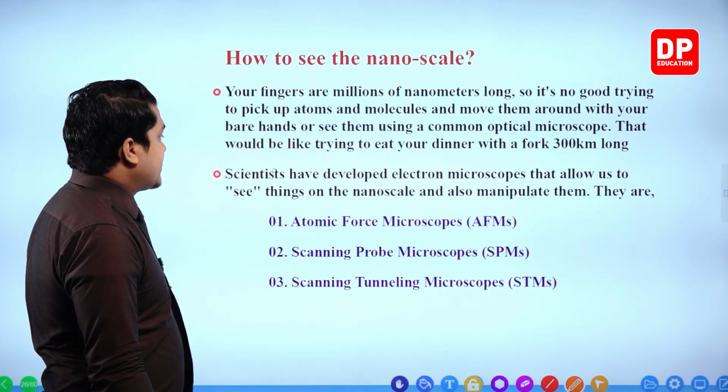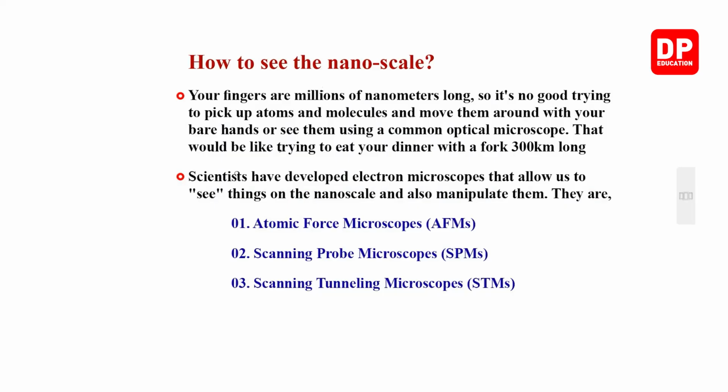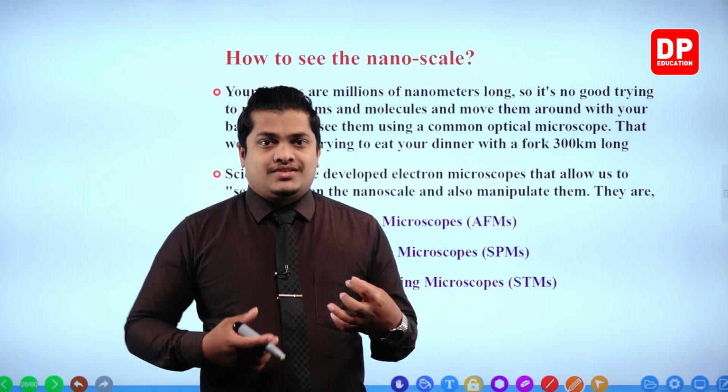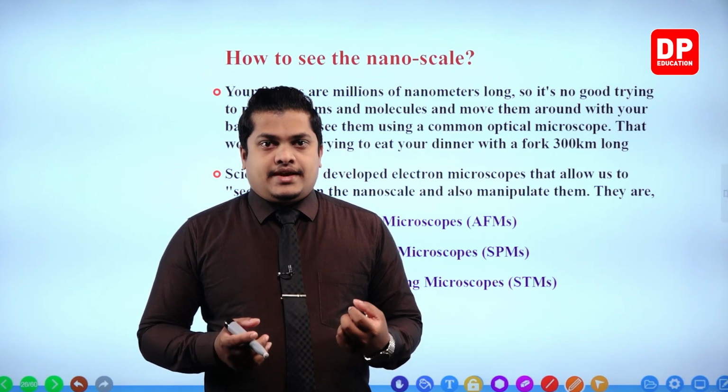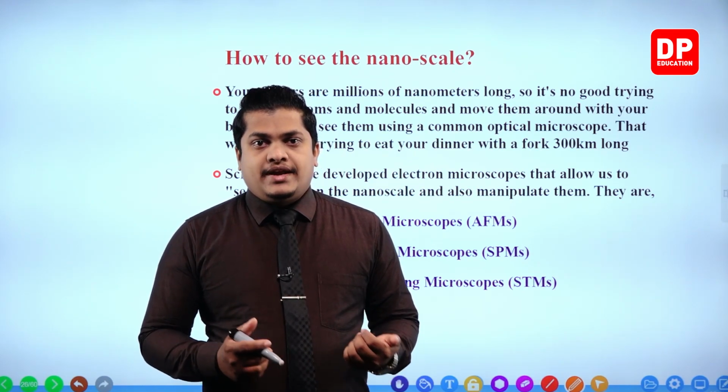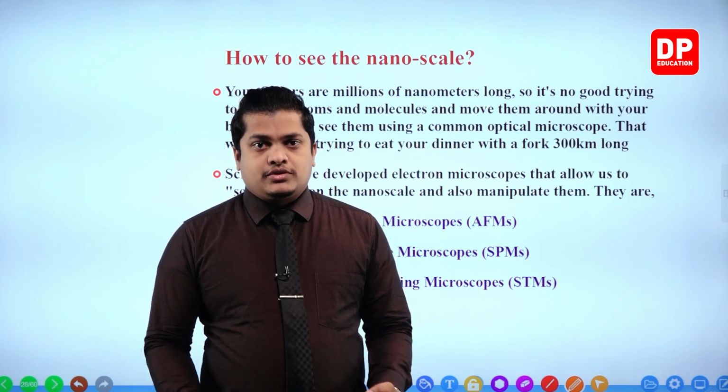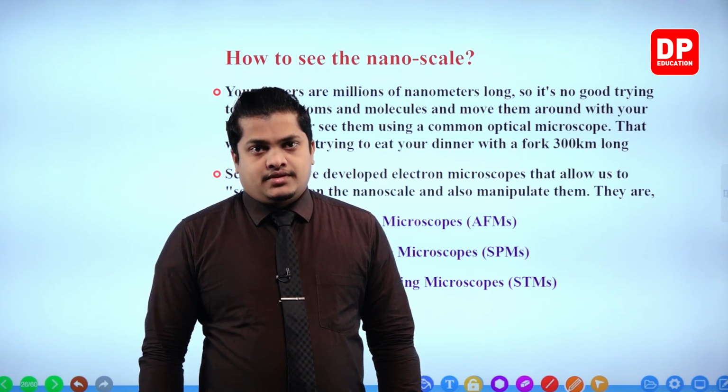Here it is given, scientists have developed electron microscopes that allow us to see things on the nanoscale and also manipulate them. Scientists have developed instruments that can be used to manipulate these nanoparticles and also to observe them.